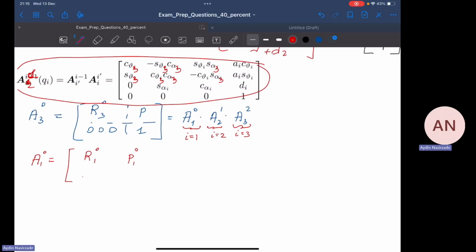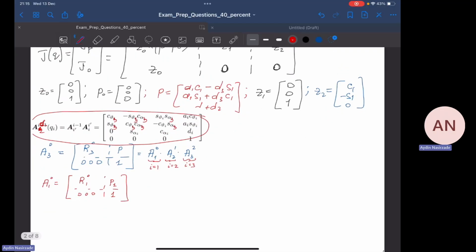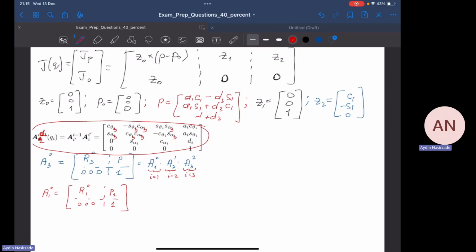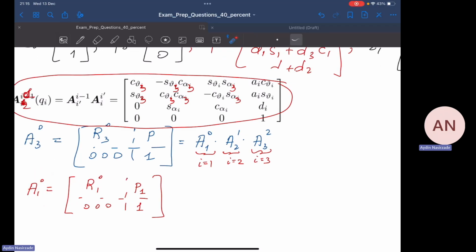Sometimes you will have problems where you are supposed to determine P1 as well. So this is exactly the same matrix that you have to have a look at to derive it. P1, but where is Z1 though? Z1 is located inside this rotation matrix.